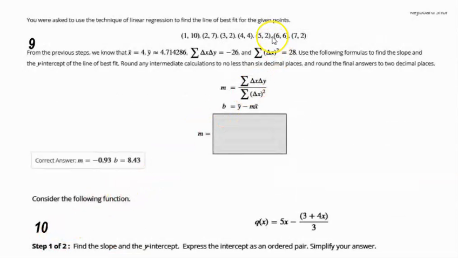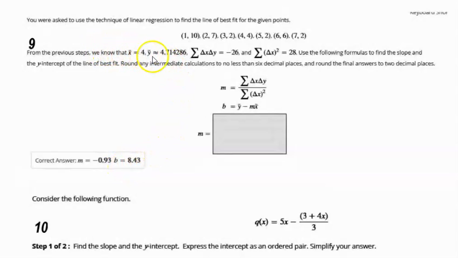Now, in example 9, they give you the data. They're giving you the formula. They say the slope is this. They want you to find what the slope is and the y-intercept.